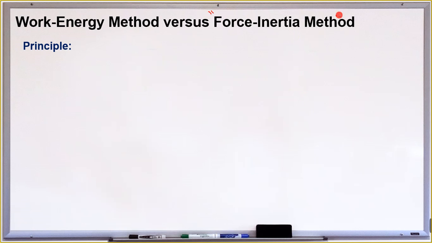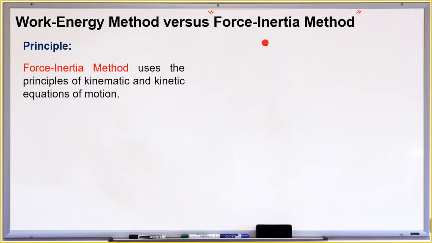The force inertia method has advantages and also disadvantages. So let's compare the work energy method and the force inertia method. Let's compare these two by the principles they use.